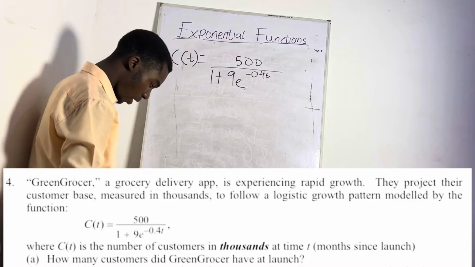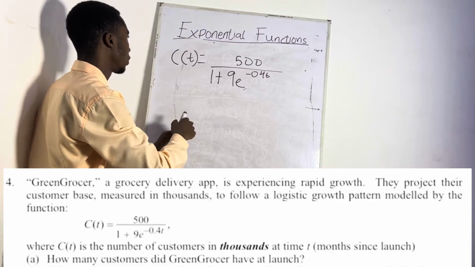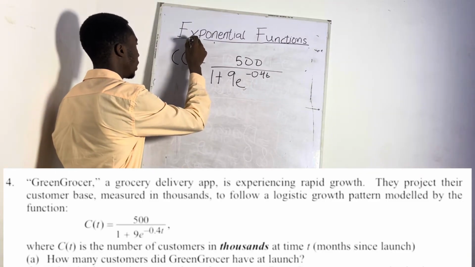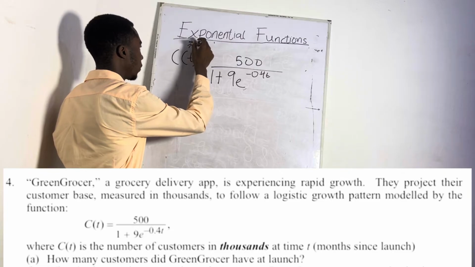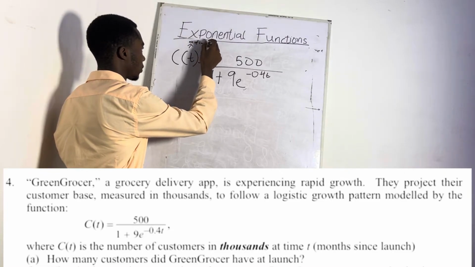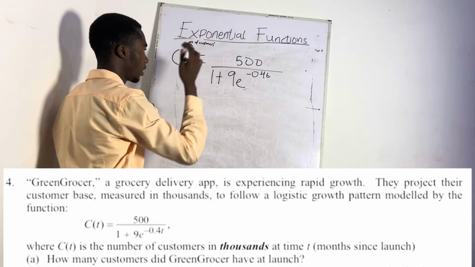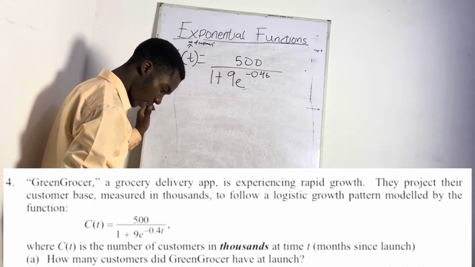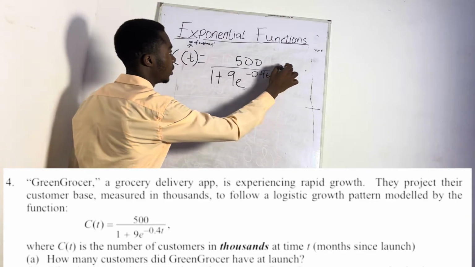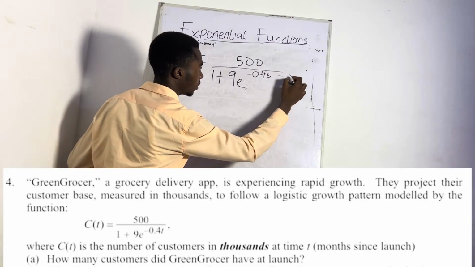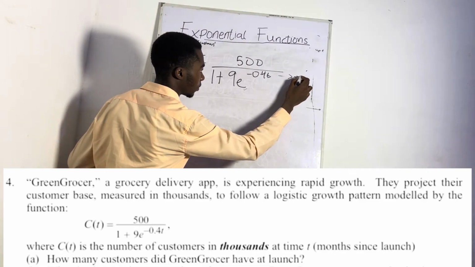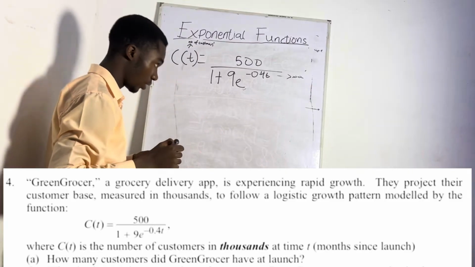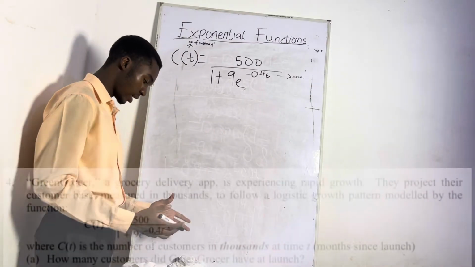They said where C(t) is the number of customers, so you can just put it here, number of customers. Then t is the month since launch. All right, so now that we know all this, let's start answering the question.